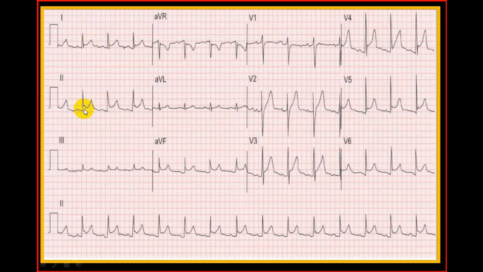So this is J point elevation with concavity, lead 2, lead 3, aVF, V2, V3, V4, V5, V6, extensive. And if you look here, this is PR segment elevation with ST segment depression in favor of what we call as pericarditis. Do utilize this criteria.